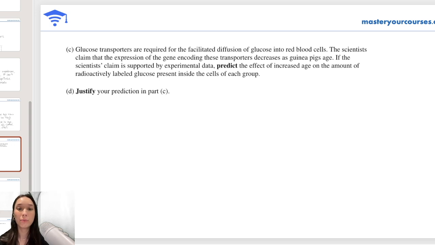Okay, so you have your red blood cells and it's facilitated diffusion, which means that they just have to go through the transporters. Now, scientists claim that the expression of genes encoding these transporters decreases with age. This is the key.